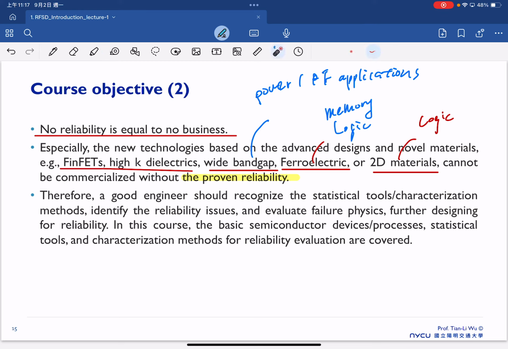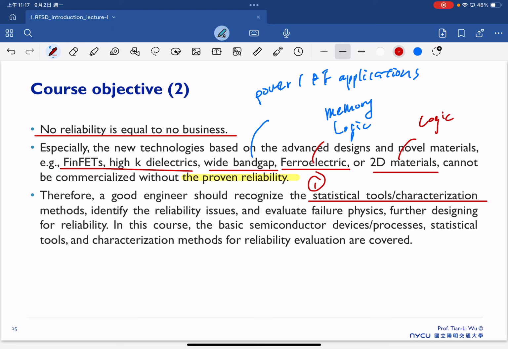Okay, so therefore, a good engineer should recognize, first, the statistical and characterization methods. In this class, we will teach you how to use statistics, because as you see, manufacturers try to make thousands of wafers on a daily basis, but for sure you cannot test all of them, and you can only test a small amount of devices to make sure they have good reliability.